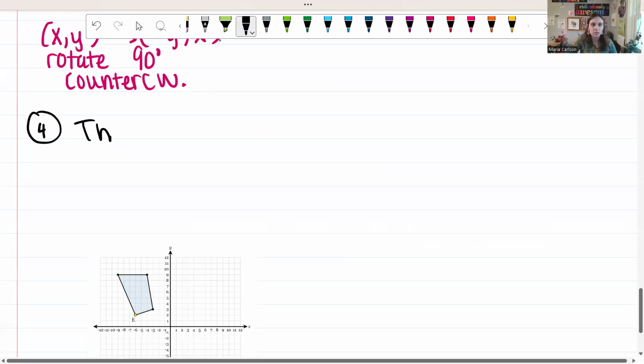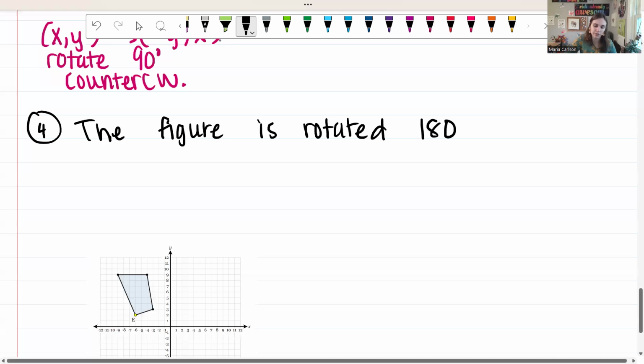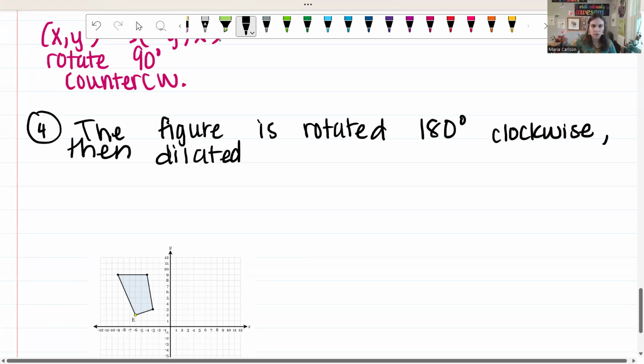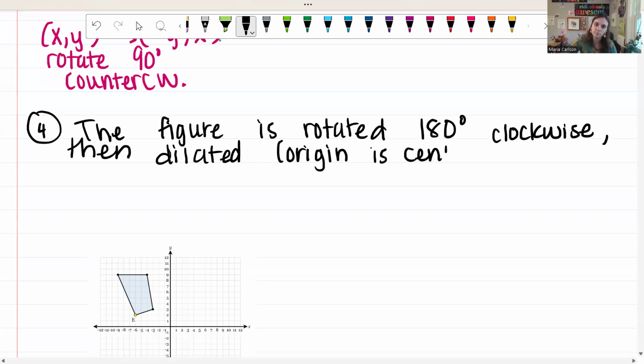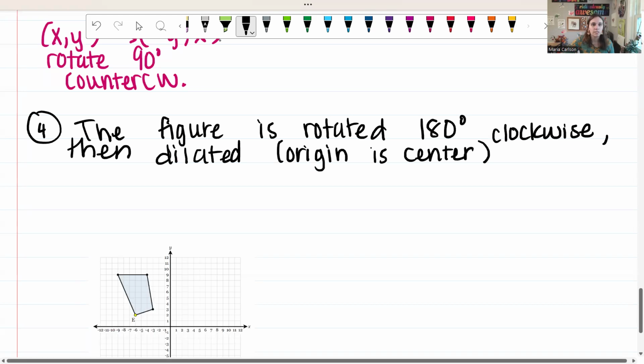The figure is rotated 180 degrees clockwise, then dilated, and the origin is the center of dilation. It's dilated with a scale factor of 1/2.